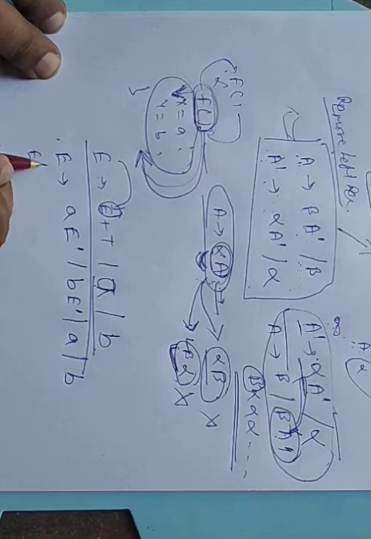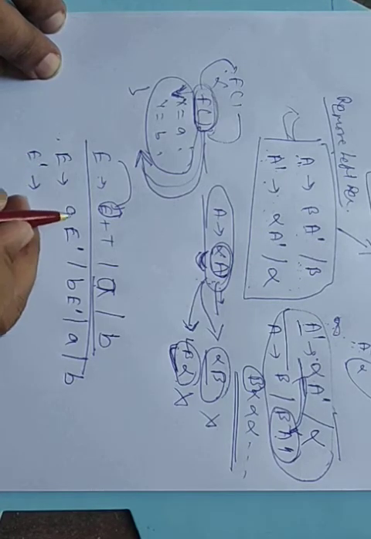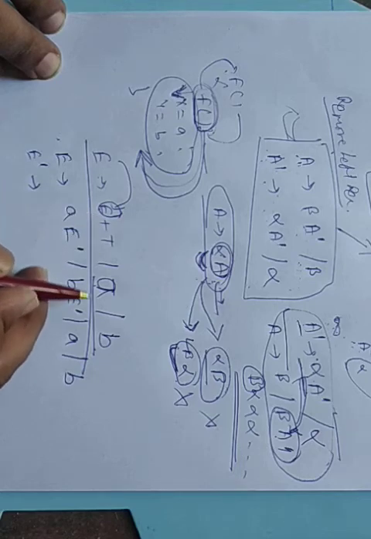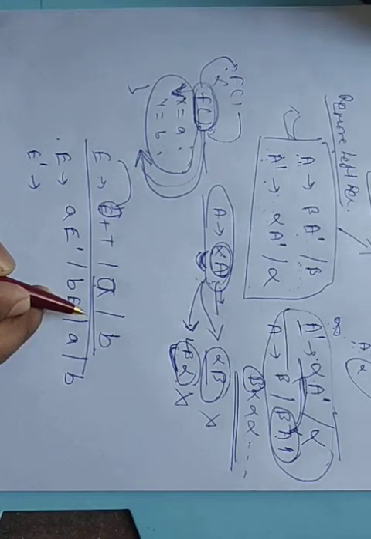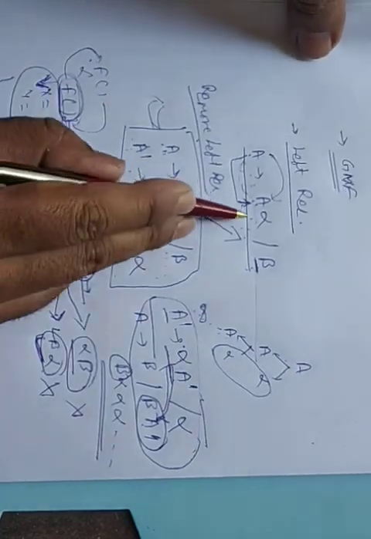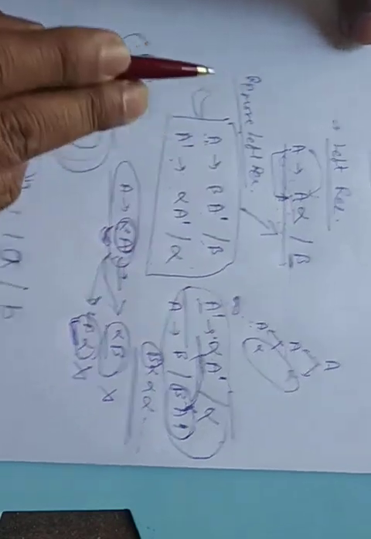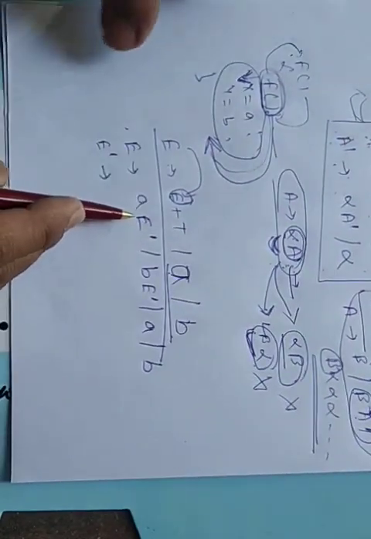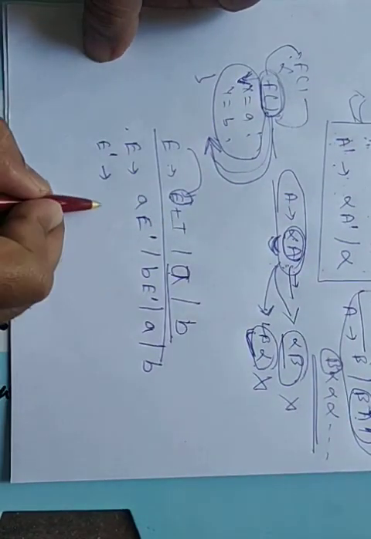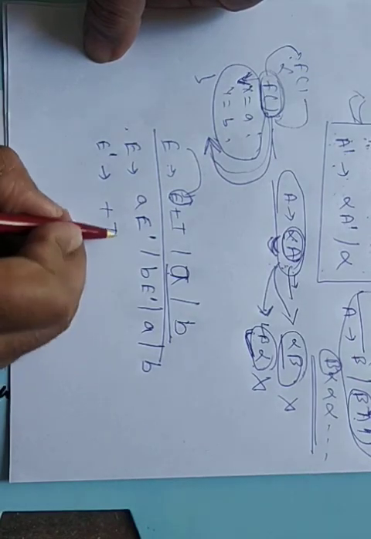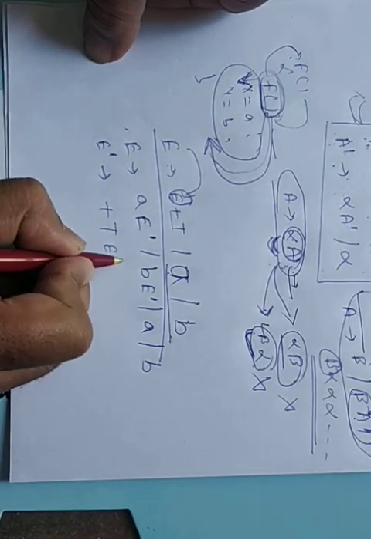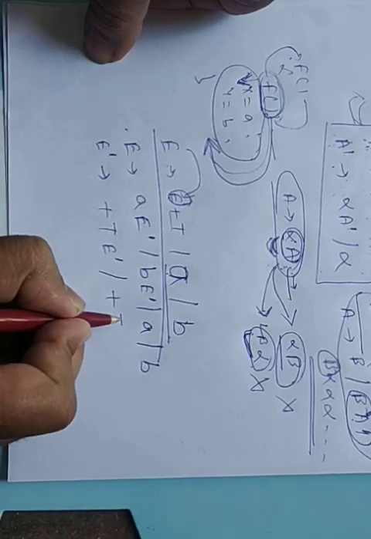Now E dash will be, now what I want is alpha A dash slash alpha. Now what was alpha over there? Alpha was whatever you have after A. So here after A what you have is plus T. So this becomes plus T E dash slash plus T.